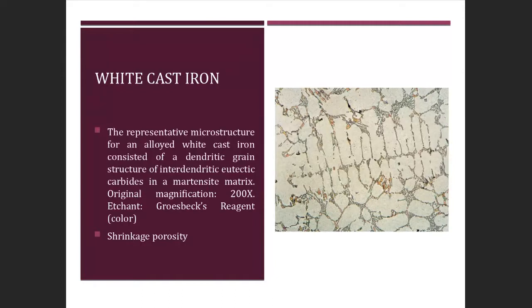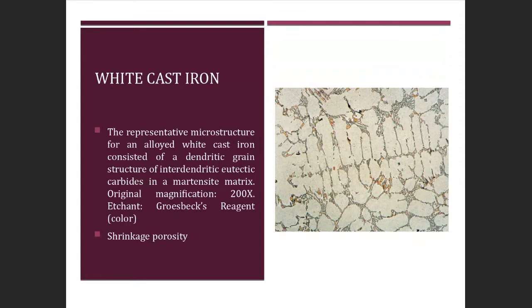Here's also a more complete casting, I guess you can say. Once again, so this right here is going to be a representative microstructure of a white cast iron, and it's a dendritic grain structure. Okay, so these are all the white regions.